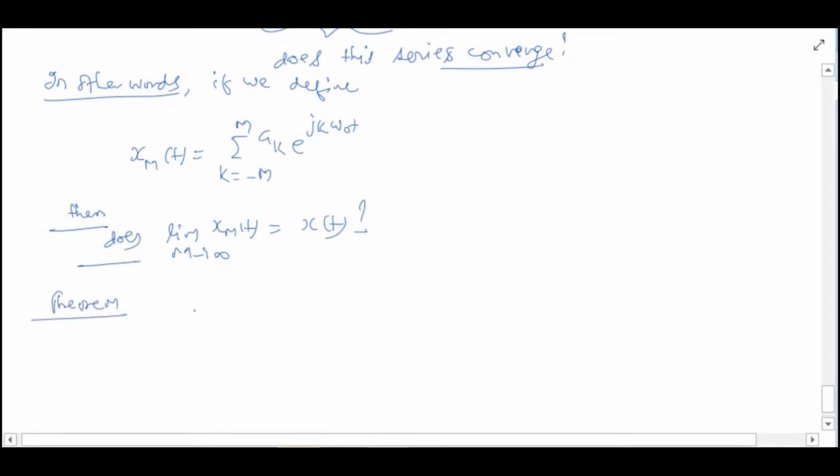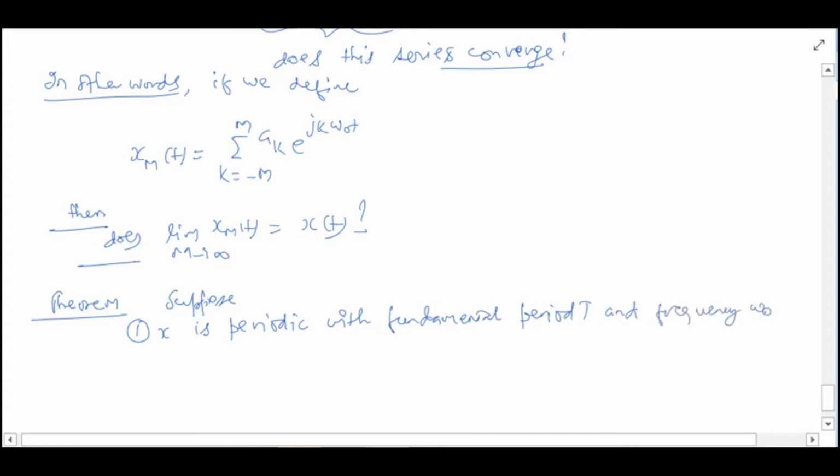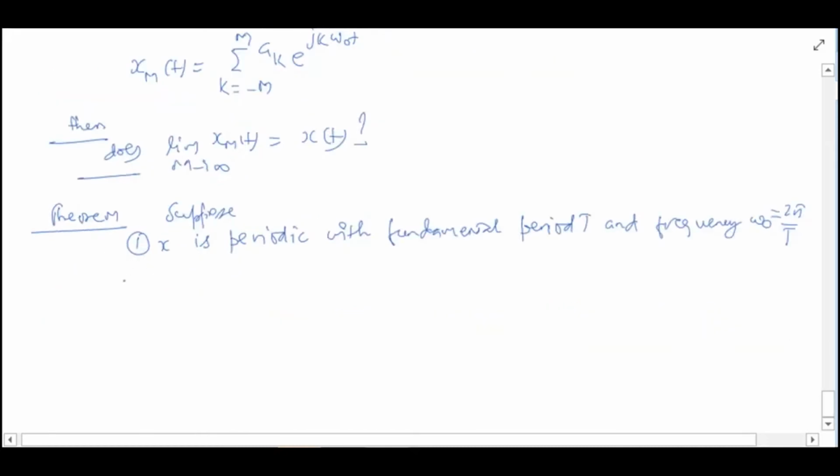So here is the theorem. Suppose we make two hypotheses. Suppose x is periodic with fundamental period T and fundamental frequency omega naught equals 2 pi by T. This has been the standing assumption all through.